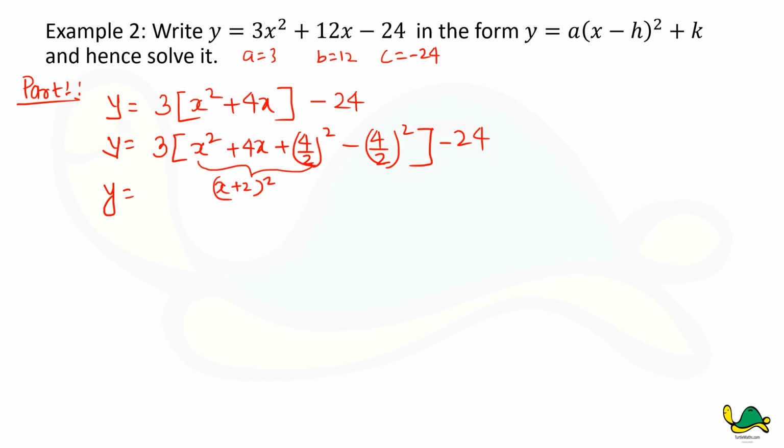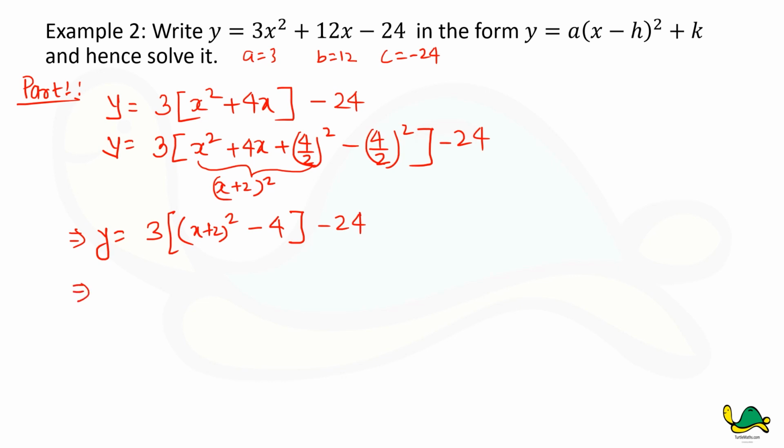Let me erase this. Here we will get, so I can rewrite this as y equal to 3 times (x plus 2) whole square, and here 4 over 2 is 2, 2 square is 4, so minus 4 minus 24.